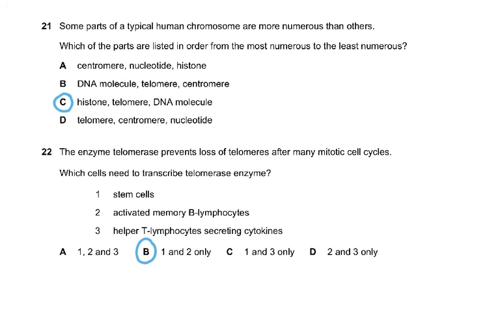Now, question 21: some parts of a typical human chromosome are more numerous than others. Which of the parts are listed in order from the most numerous to the least numerous? So, of course, we have histone, telomere, and DNA molecule.